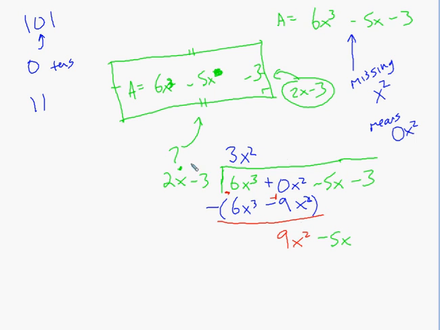Alright, now this is going to be kind of weird. What do I multiply 2 by to get a 9? 4.5. So 4.5, is that times 2? Could I write that as a fraction? Would it be 9/2?